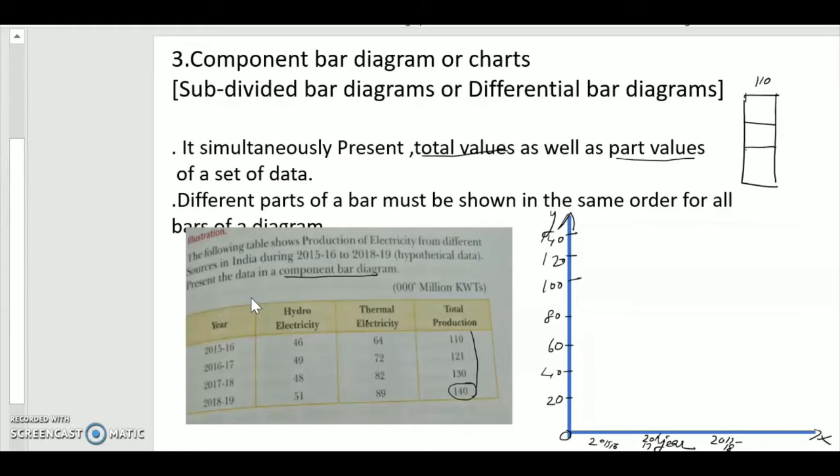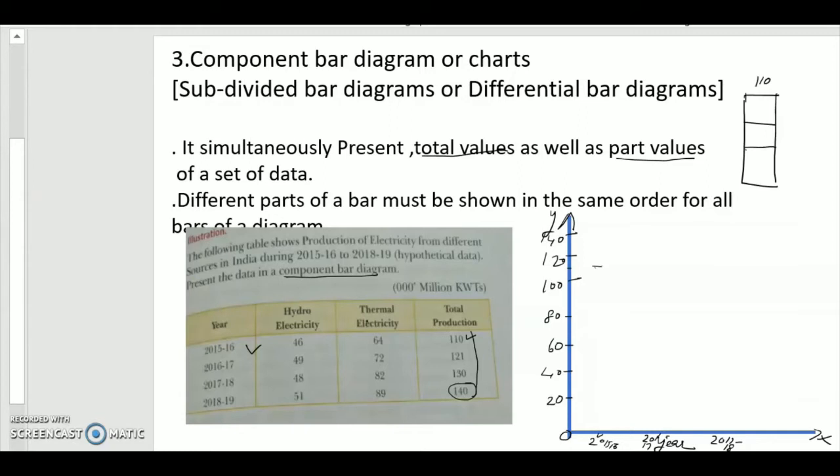Now we are going to draw the bar diagram. For the first year, 2015-16, we first take the total value. The total value is 110. From the y-axis we take 110. Where is 110? This is 110. So here we draw 110 as a bar.